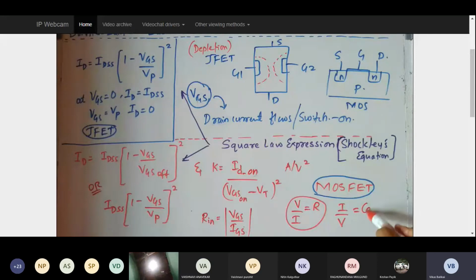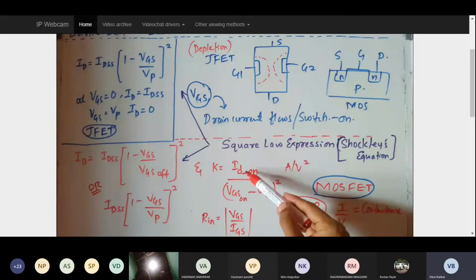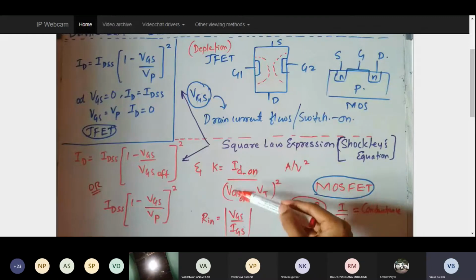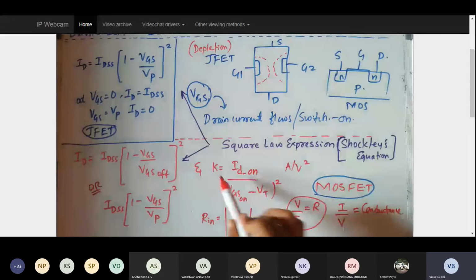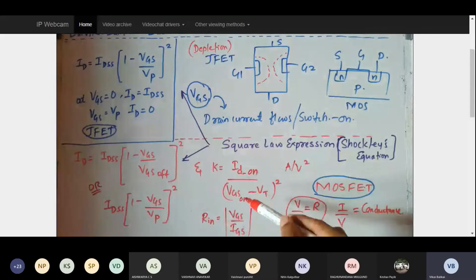Exactly. So as you can see over here, I upon V, there are two particular terms, and this relation will tell you something about the conductance. K will help you understand the conductance nature of my MOSFET.